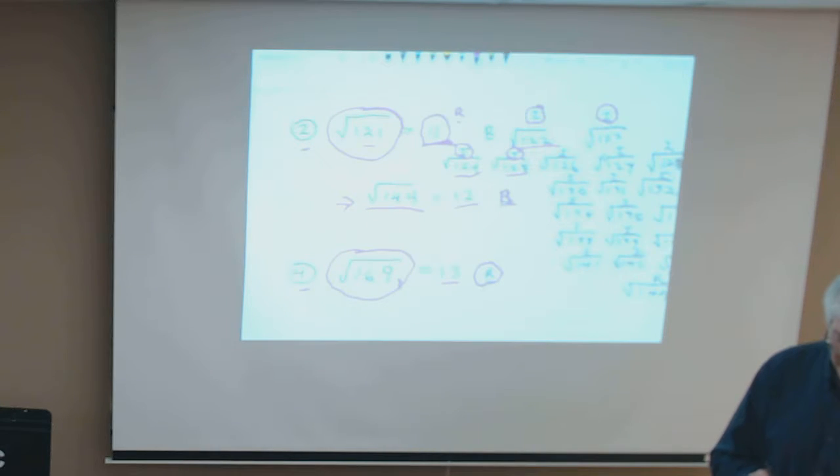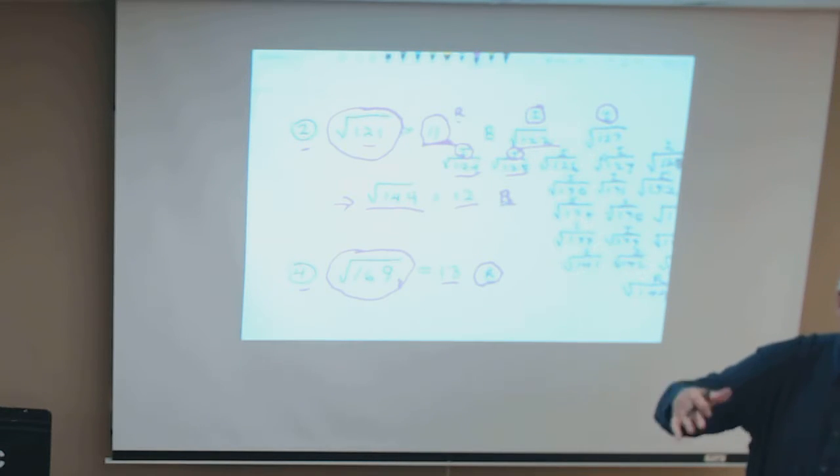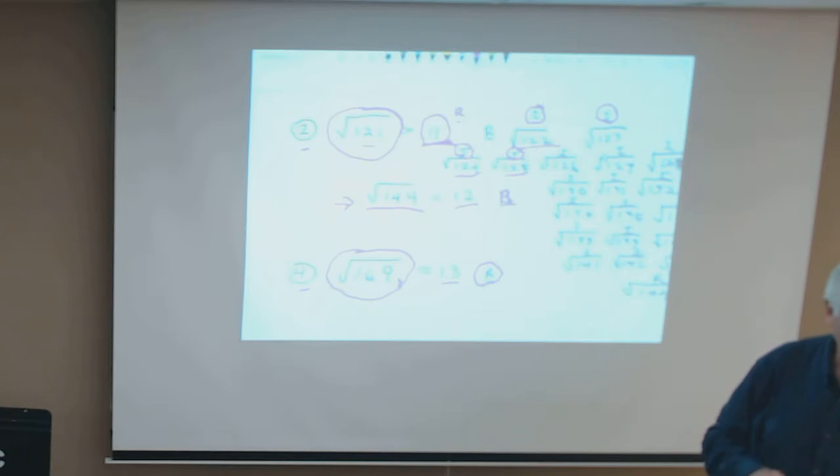All the radical numbers, all the square root numbers between 144 and 169 are irrational numbers. And if you make a note of that, then you should be on your way to getting a big picture understanding of what's going on here with these square root signs.